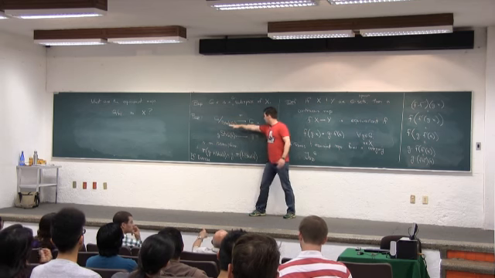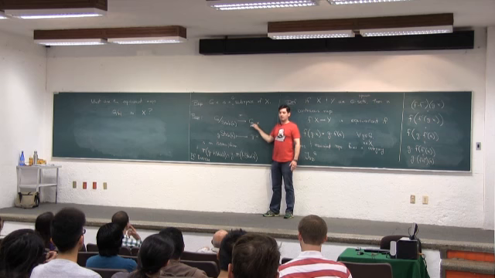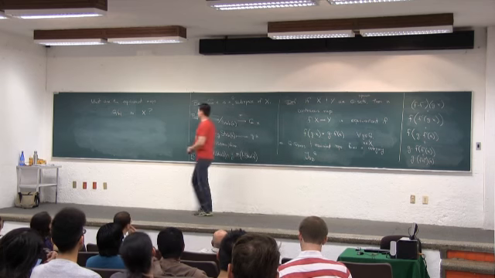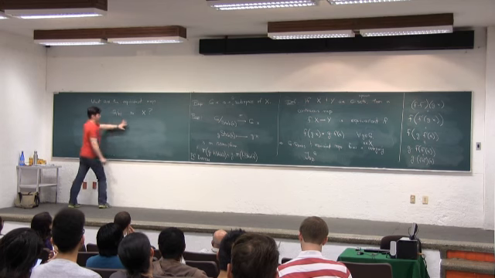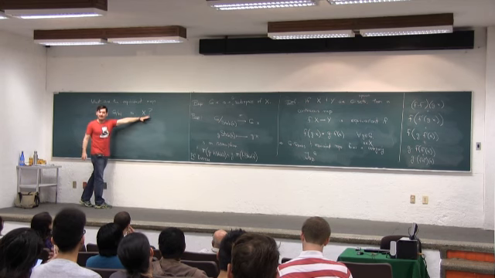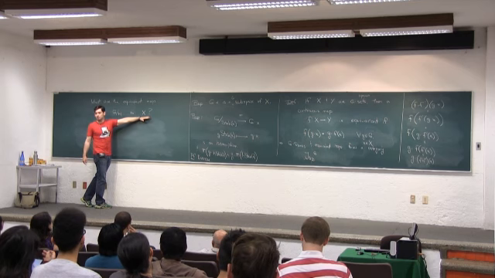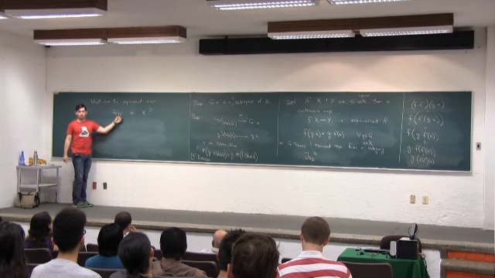Namely, it pulled out the orbit G times x. So I would hope that general maps, G mod H into X, would also tell me information about all of those points whose stabilizer subgroups are somehow related to H.